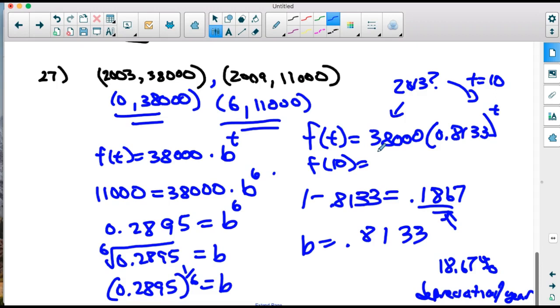We would get 4,811.61. So this would be how much the car is worth after 10 years, in the year 2013. And this would be my equation for any depreciation I would have under that. Alright, so that's this first part.